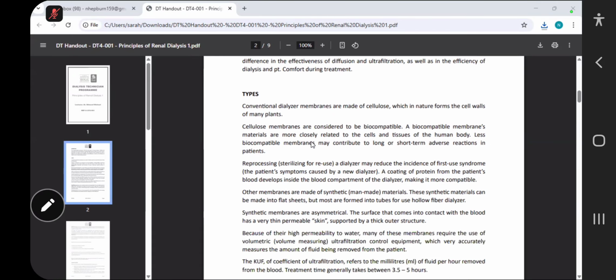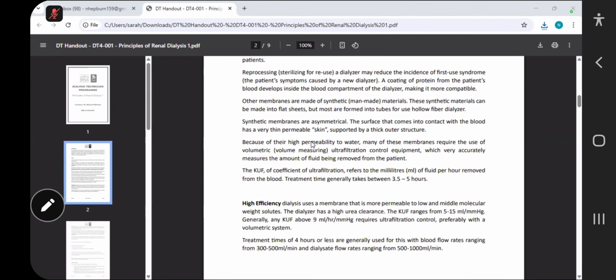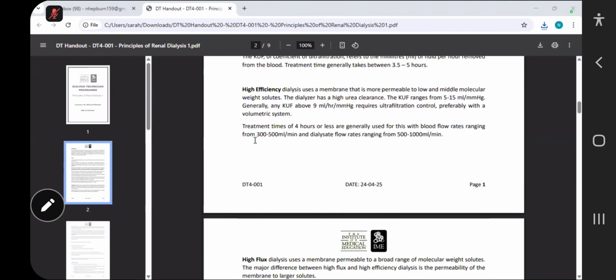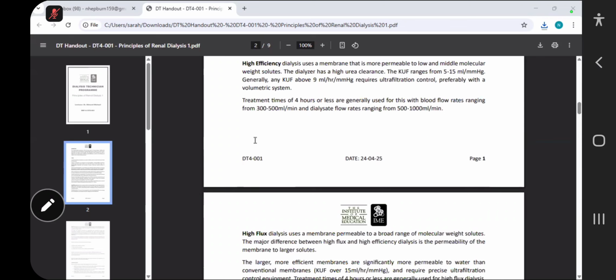Okay, so what I was speaking about is high efficiency. The answer is here. When I pull it up on my screen, you'll see high efficiency dialysis uses a membrane that is more permeable to low and middle molecular weight solutes. The dialyzer has a high urea clearance.